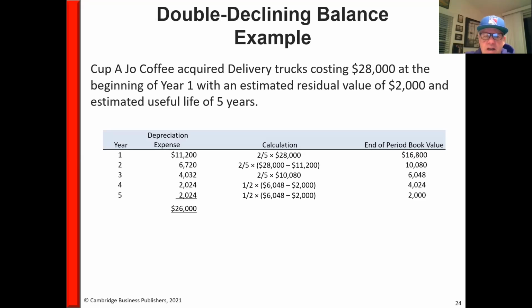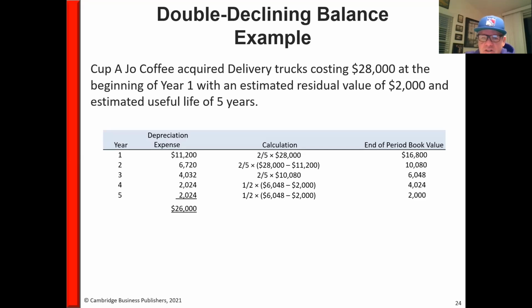So here's my useful life. There's my full 5 years. So if you look in the extreme right-hand corner, you'll see at the end of the year, the asset has a book value of $16,800. So now you go to year 2, go to year 3, and so forth. So basically what happens is each year, it's 2/5 times the ending book value.